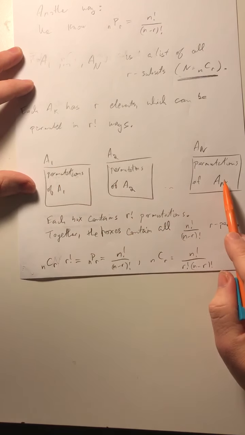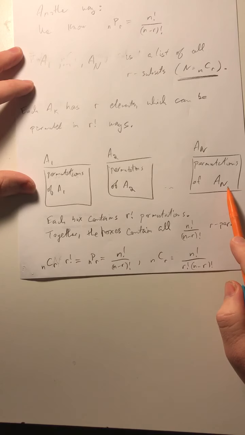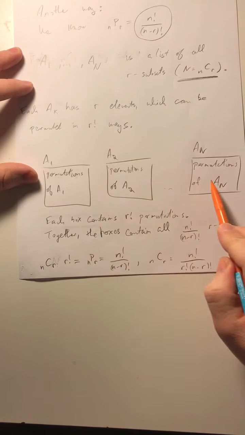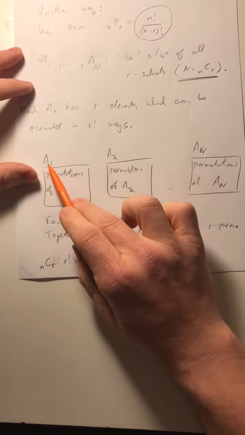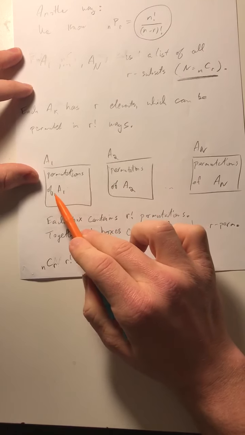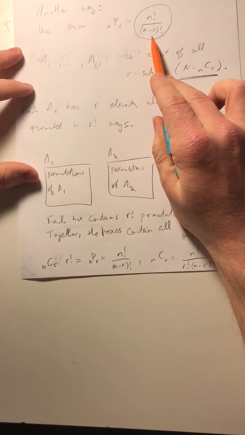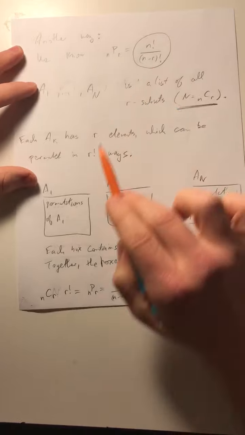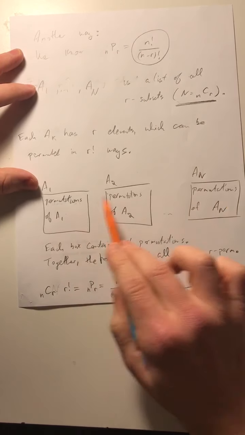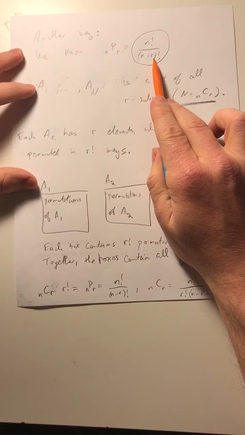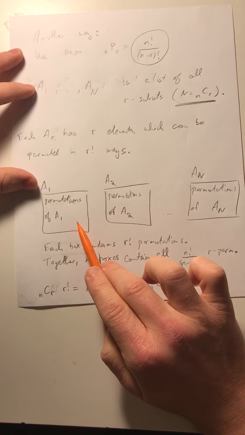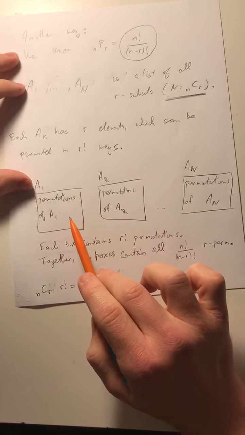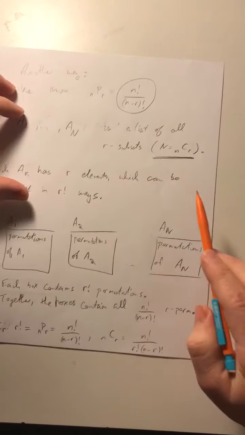Now in these boxes, I'll get all the permutations. I'm going to get an r permutation of n things here, and this is the total number of r permutations of n things. So if I count the number of things in all of the boxes total, I get this many. And each box contains r factorial things, because if I take these r things, there are r factorial ways to permute them.